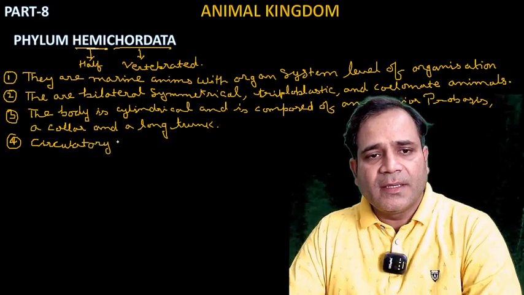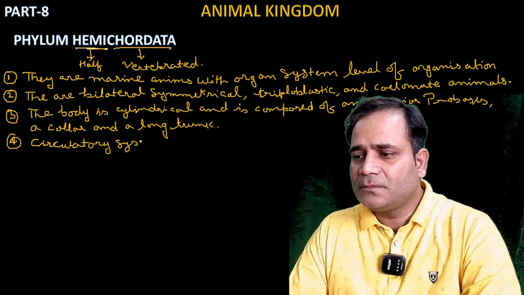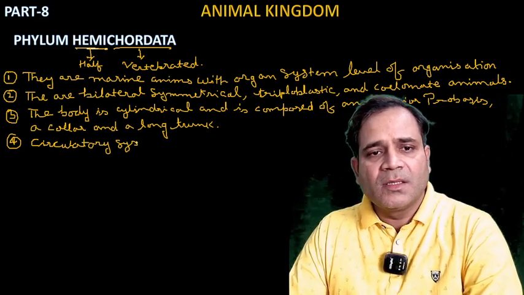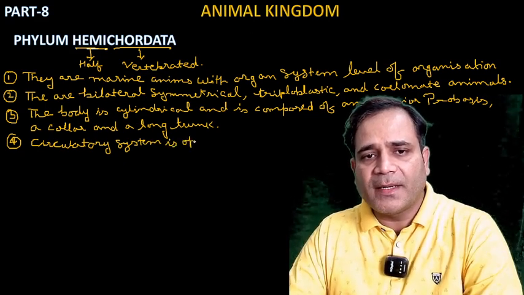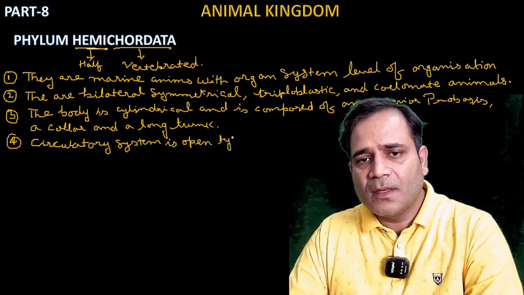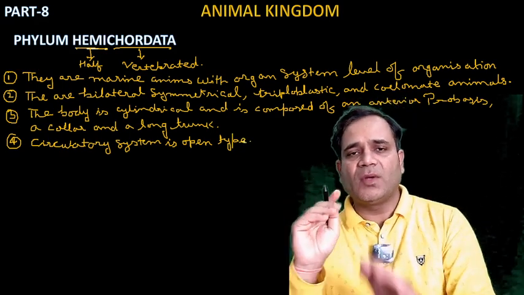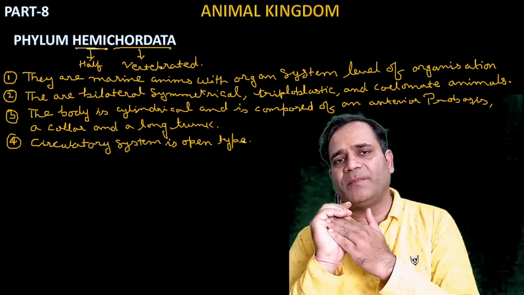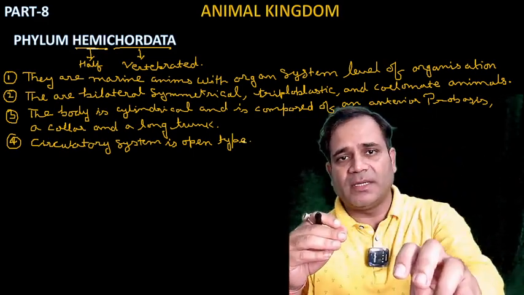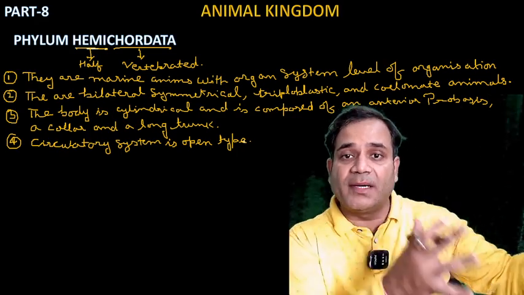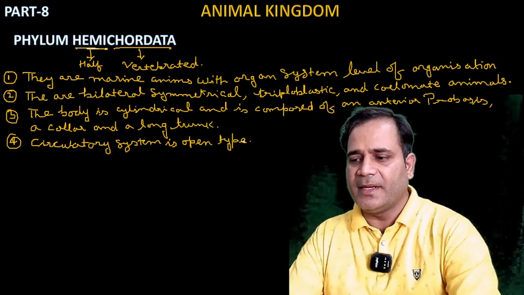The circulatory system is open type, my dear. If I say the circulatory system is open type, it means the blood flows directly into the body cells. It doesn't pass through blood vessels. Getting what I'm saying? So the circulatory system is open type, my dear.